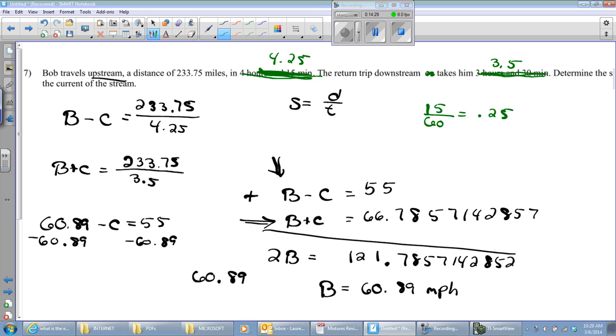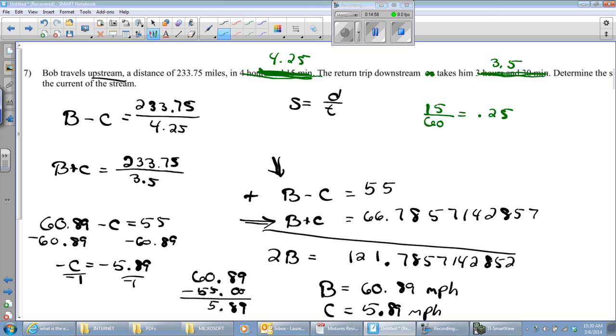We'll just do this problem, and then we'll change the sign. All right, add some zeros there. I'm going to get 9 and 8 and 5, and I think it's that on the nose. So negative of c is going to equal negative 5 and 89 hundredths. And when I divide by negative 1, I'm going to get that c is going to equal 5 and 89 hundredths miles per hour.